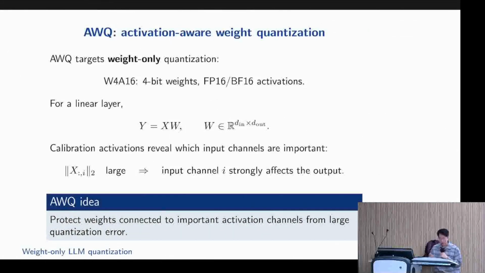All right, so AWQ is another algorithm. It targets weight-only quantization, and the idea is that the calibration activations, from the calibration data, reveal which inputs are important.